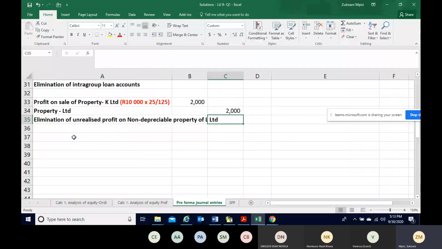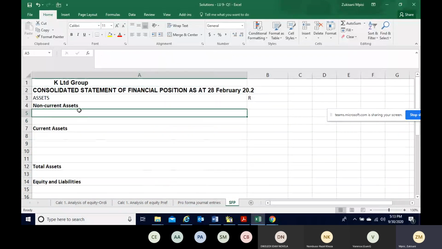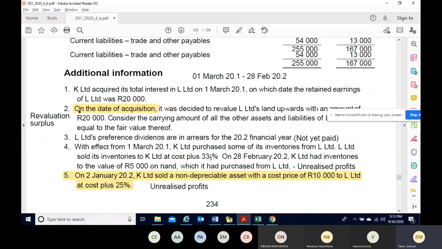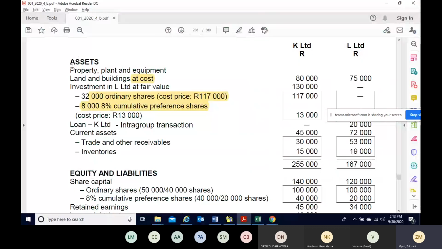So we have covered everything. We must now go to what we were required to do. In terms of the statement of financial position, we are given property, plant, and equipment. So it's property. Remember, in terms of IFRS, you have to write everything in full. So you have to show in calculations what exactly you are adding. In this case, we've got 80,000 plus 75,000, which becomes the easy part.